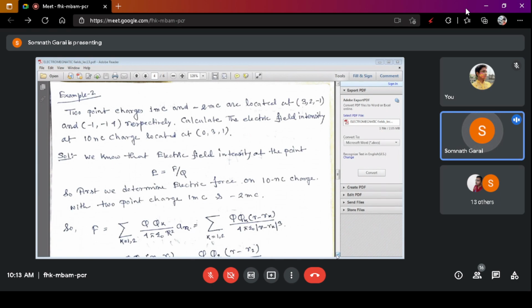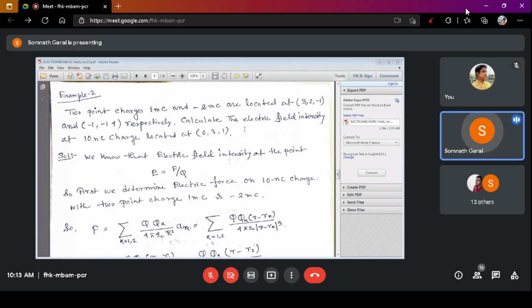The example says that there are 2 point charges, one with value 1 microcoulomb and the second with value minus 2 microcoulomb. The 1 microcoulomb charge is located at position vector 3, 2, minus 1. The second is located at minus 1, minus 1, 4 respectively.